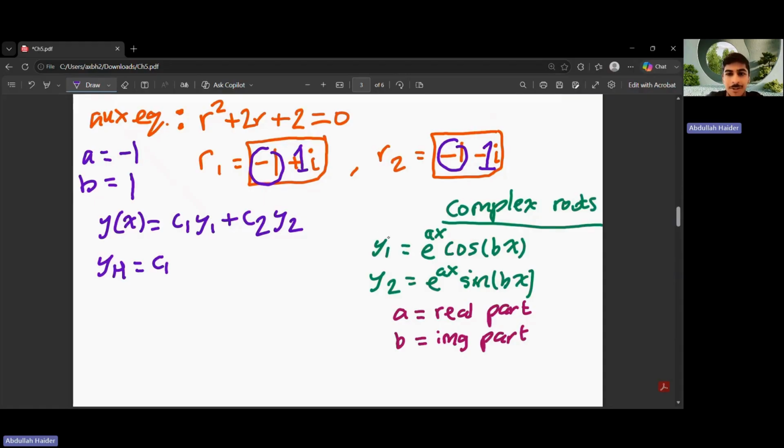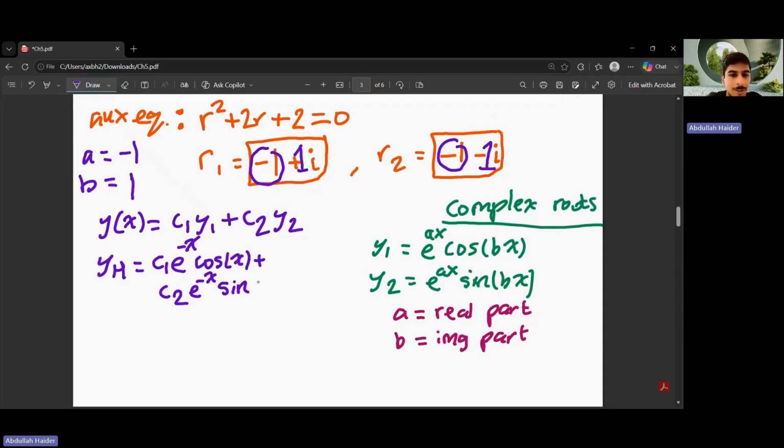So our y1 is going to be e power -x cosine x plus, now what is c2? e power minus x sine bx.